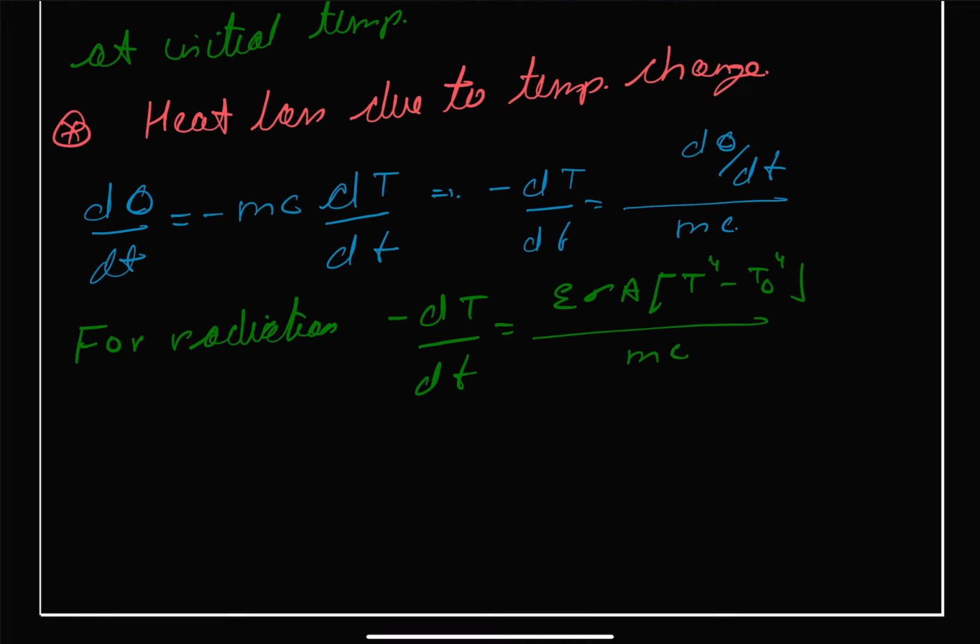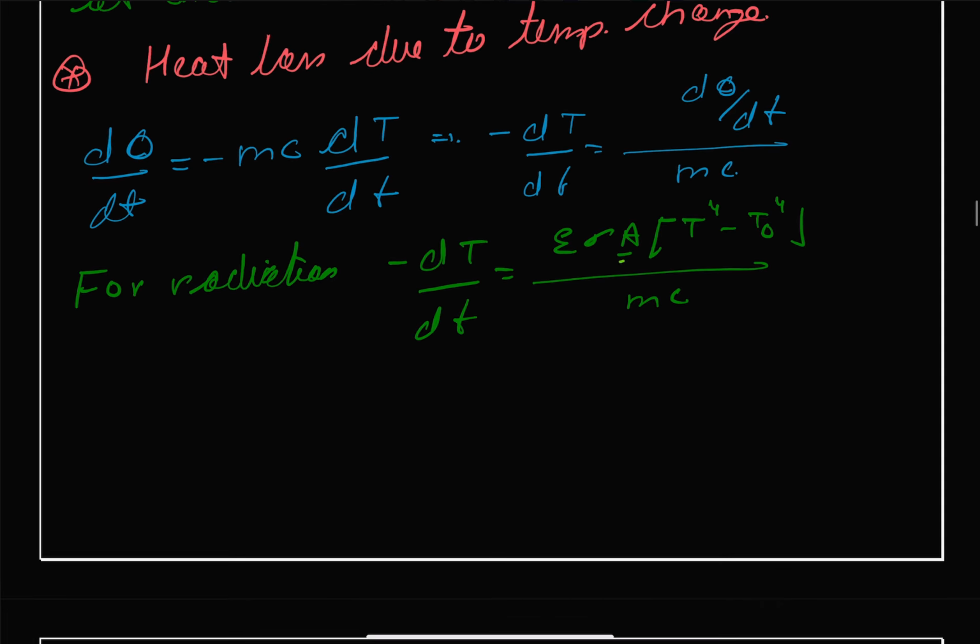And here everything is constant except our area and the mass. So we can say that minus dT/dt is proportional to area upon mass. Okay.